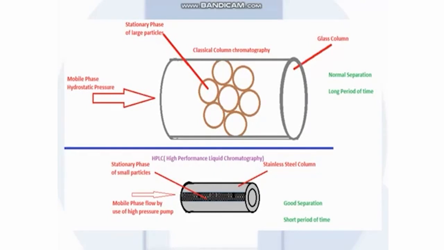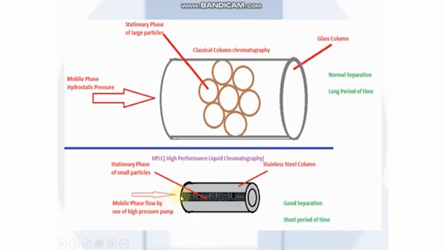Here you can see that the columns are packed with very small particles as small as 3 to 10 micrometer, and the mobile phase, which contains components to be separated, flows through this column with high pressure. It is around 40 to 400 bar pressure.